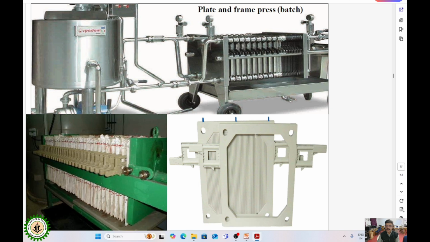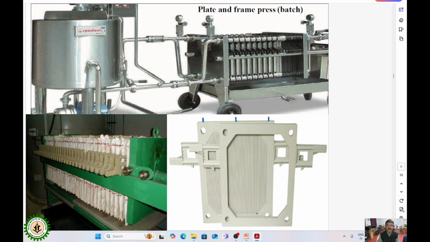So you can see this is the frame with the filtering media, and another one is the plate. It is arranged one plate, one frame, one plate, one frame. The frame is covered with the filtering media.